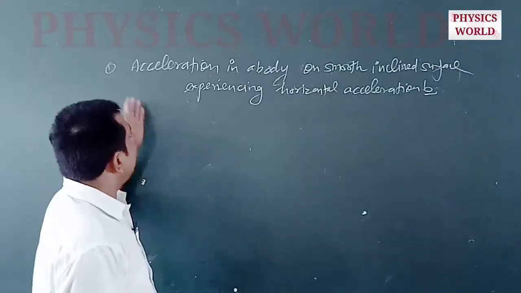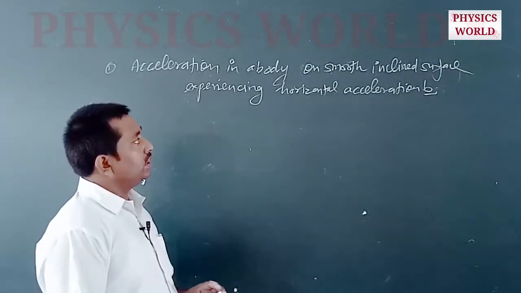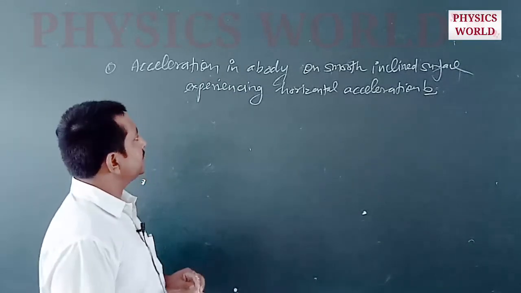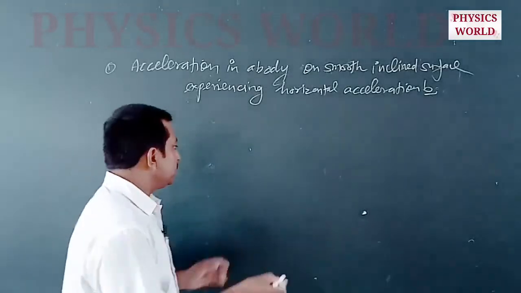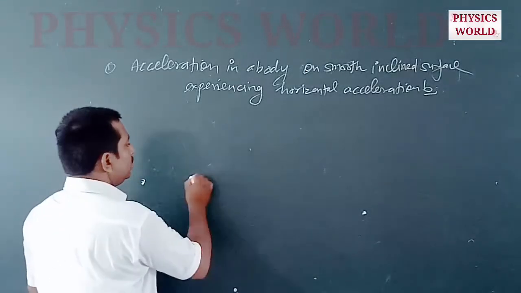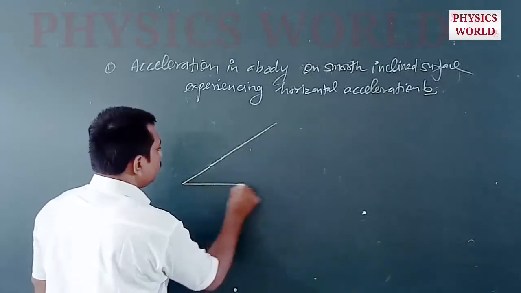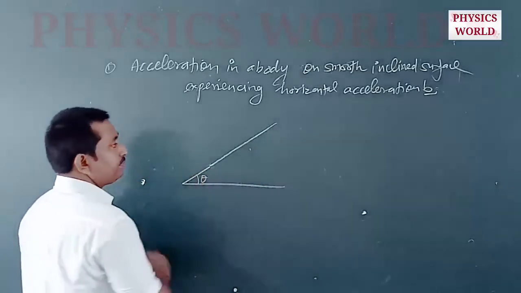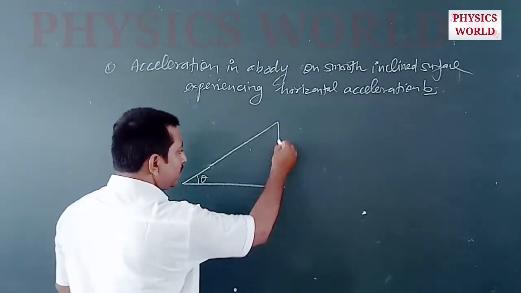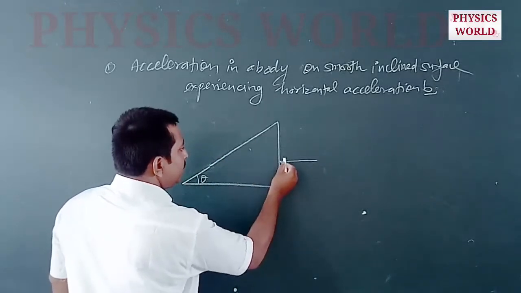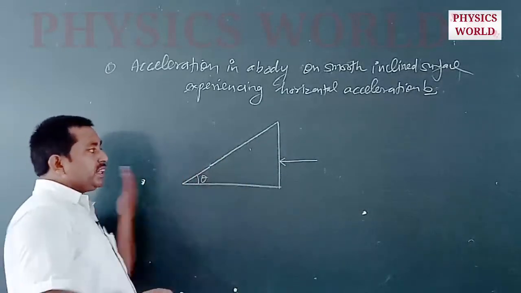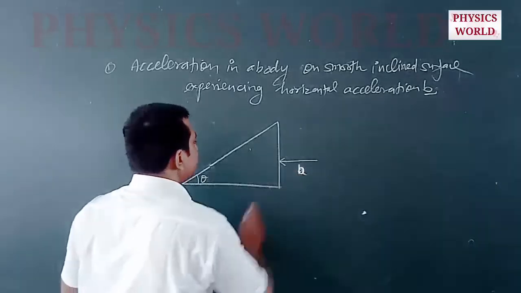So let us say a body is on a smooth inclined surface which is experiencing horizontal acceleration b. Suppose that there is an inclined surface whose inclination is theta, and this total inclination plane will be experiencing an acceleration b towards this direction.